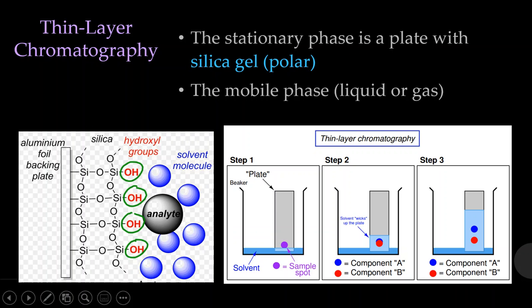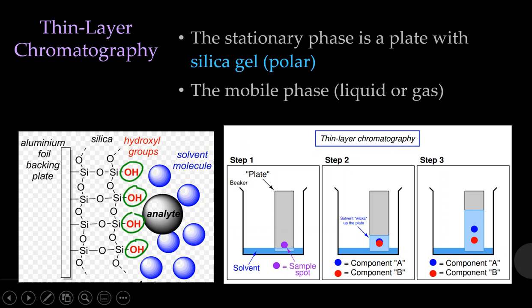The sample spot is very similar to paper chromatography. It's a gel, not the paper, and it's backed by a solid plate. And it will go up the plate and separate your components based off of the polarity too. So usually if the silica part of the plate is polar, you would use a less polar solvent.